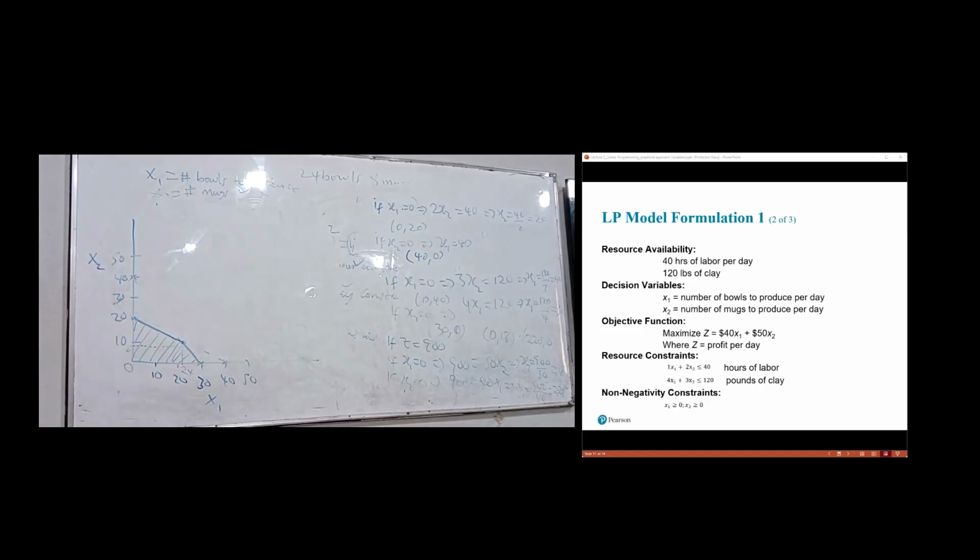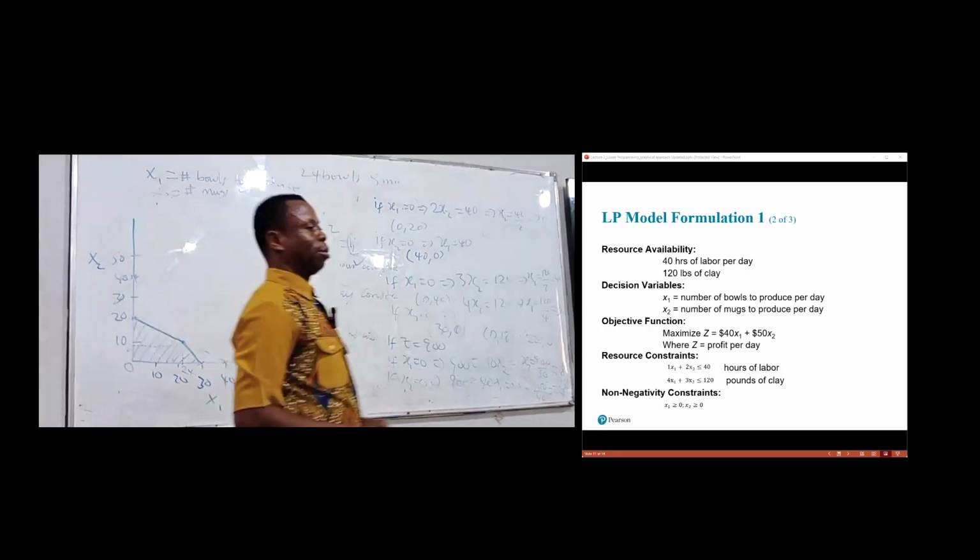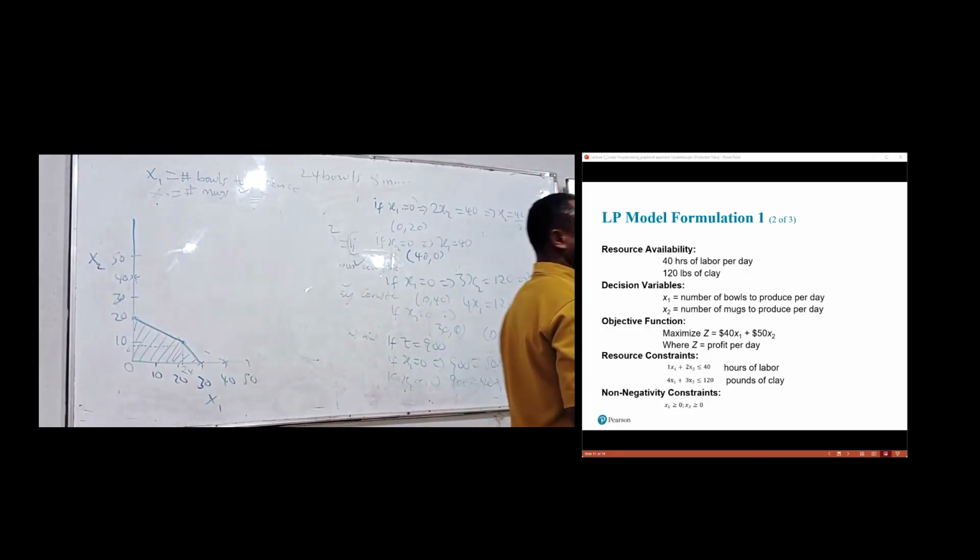In linear programming, the optimal solution is a corner solution. How many corners do we have in the diagram? How many corners do we have? We have 4 corners.